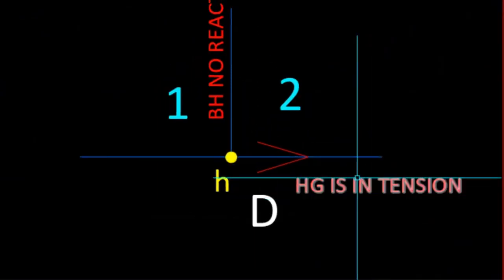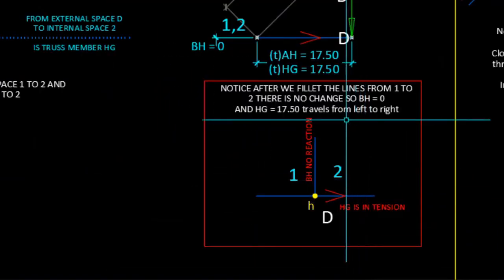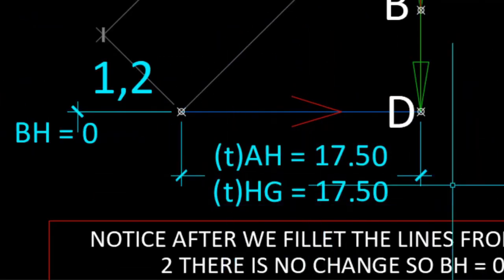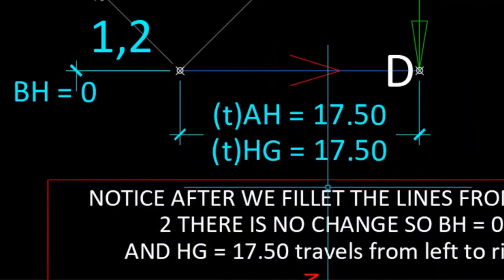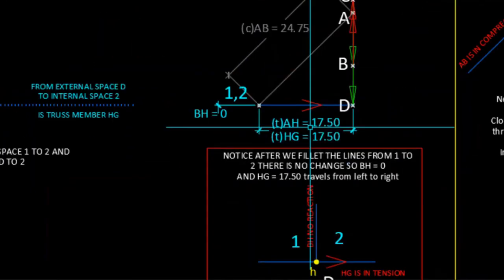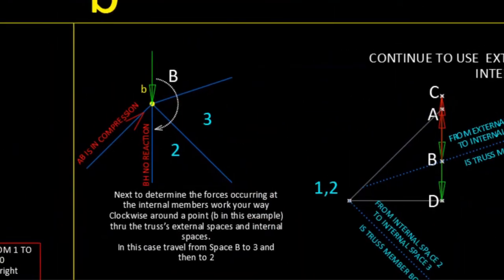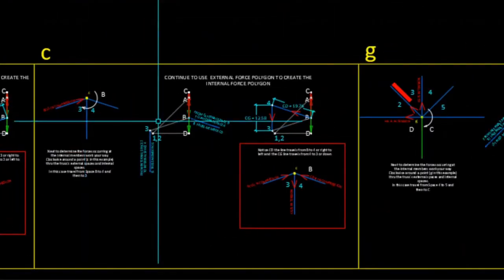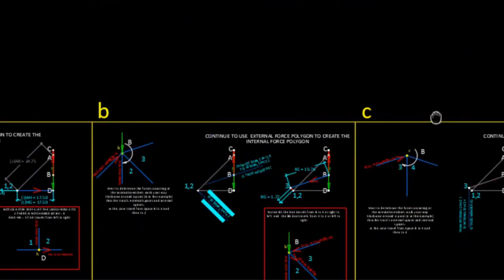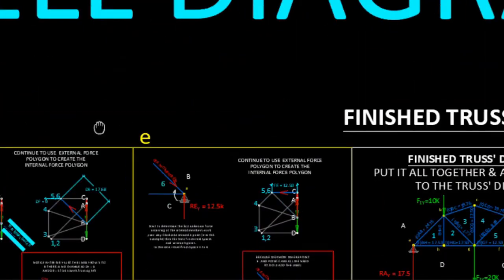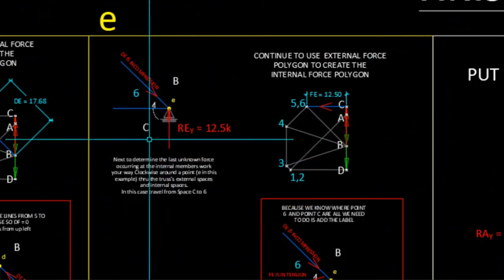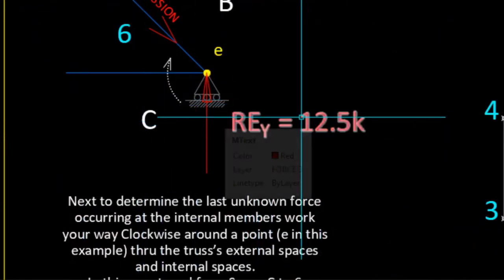Therefore, HG is in tension. We add our dimensions and find that HG is equal to 17.50. And so we're going to do this through every point, okay? Point B, C, G, D, E, until we get to the last unknown force.